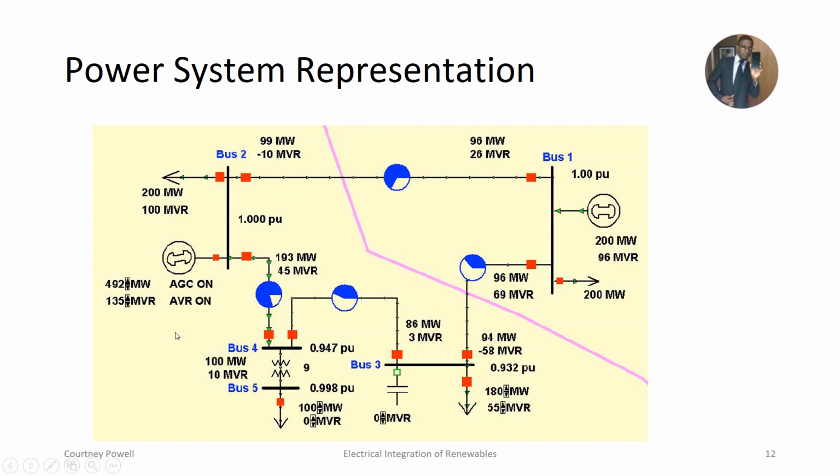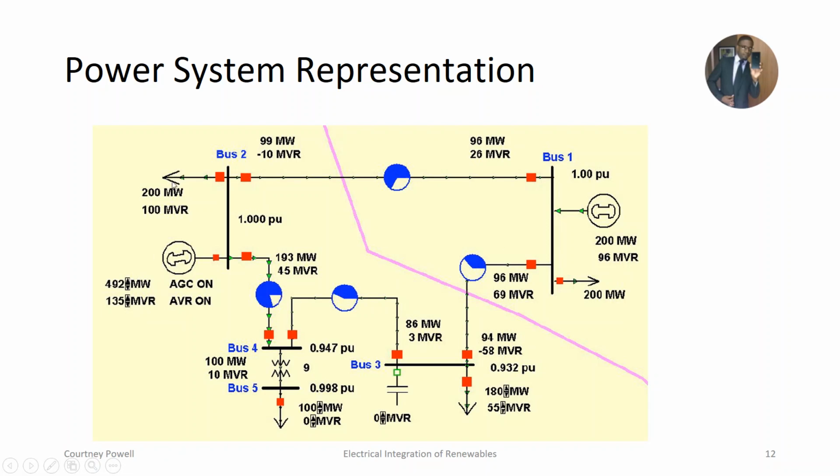This diagram just shows a representation of a power system, or a model of a power system. These heavy lines are representative of what we call bus bars, or you could call them substations. And these lines here, for example, are the overhead lines or underground cables connecting the different substations. And these circles here represent power plants. In this case, we have a 200 megawatt power plant connected here, and another power plant on this side.